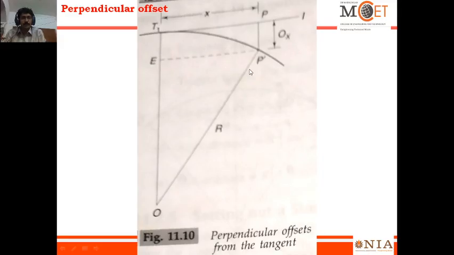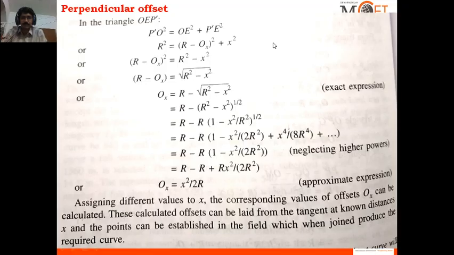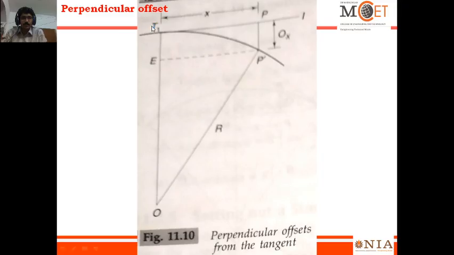Now this forms a right angle triangle, right? From that, we can correlate this x and determine the OX. See, in the triangle OEP dash, this is P dash.